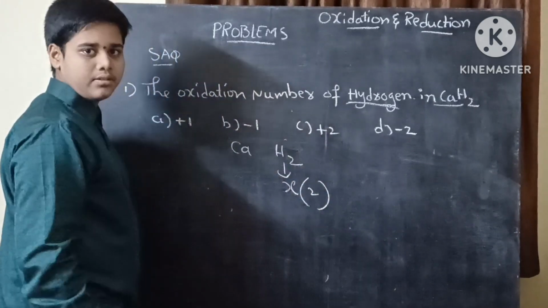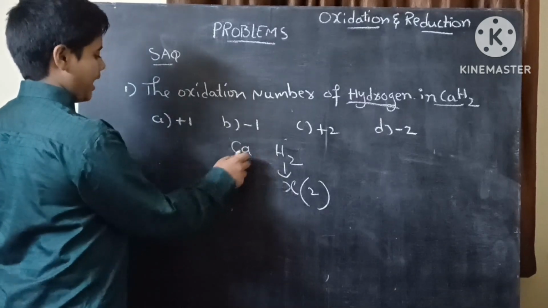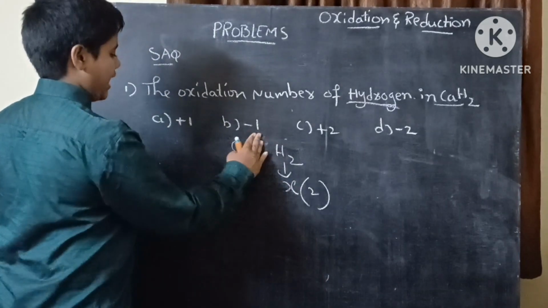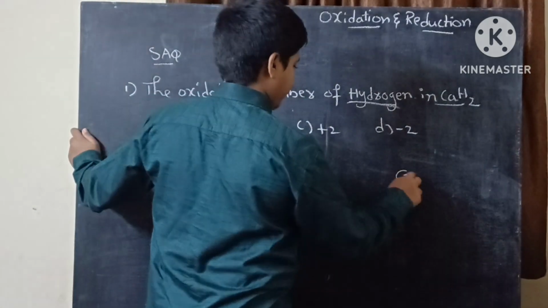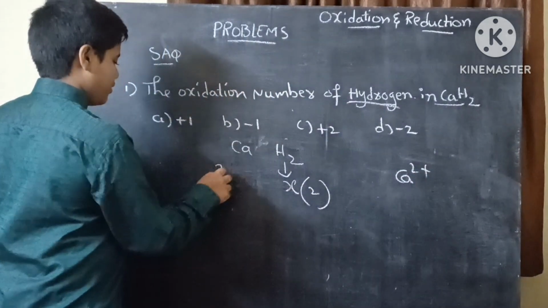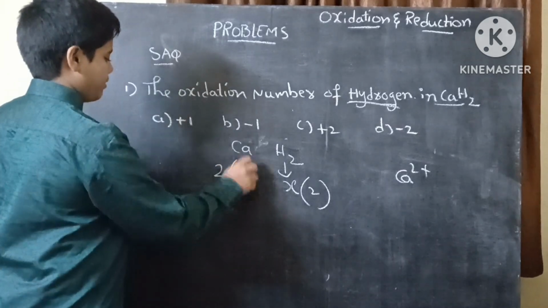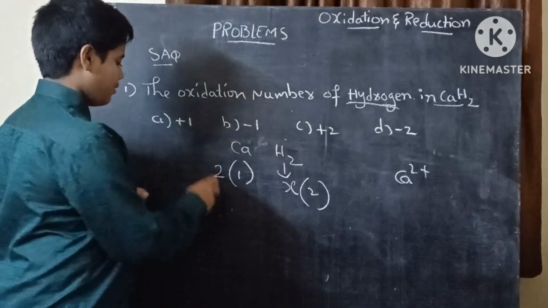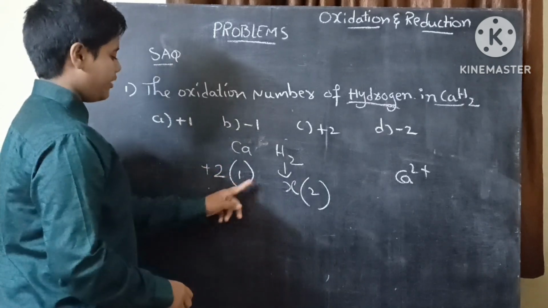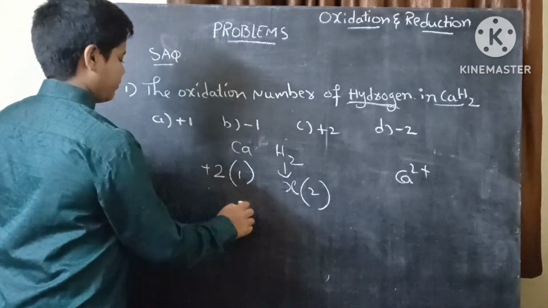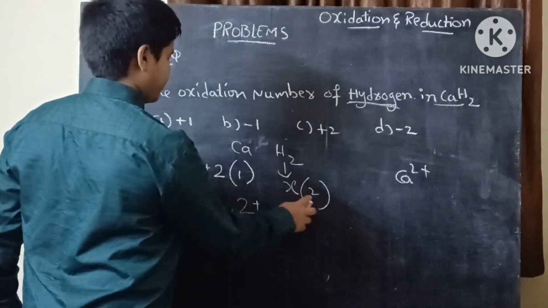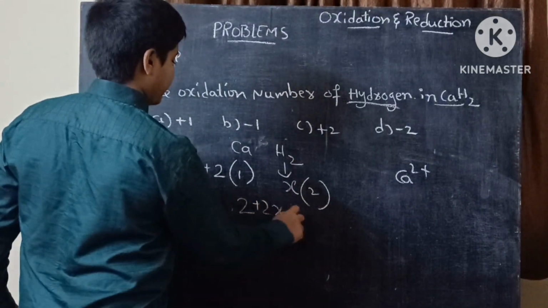The calcium atom has a residual charge of Ca2 plus, which means 2, and one atom is there, so 2 into 1, that is plus 2. So 2 into 1 is 2, plus X into 2, 2X, equals 0.